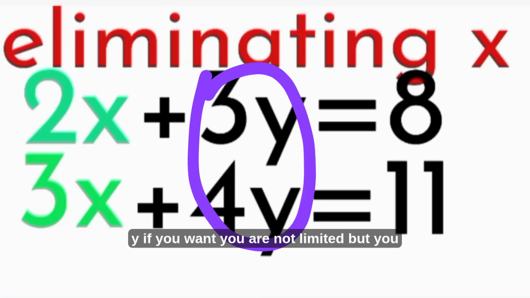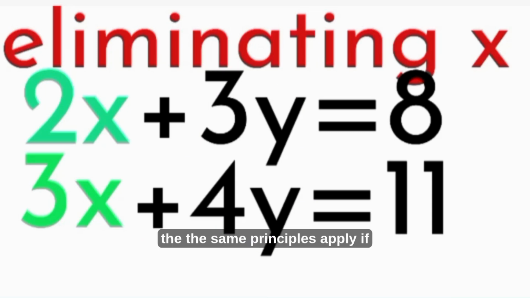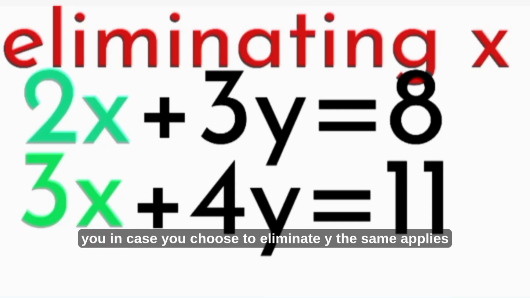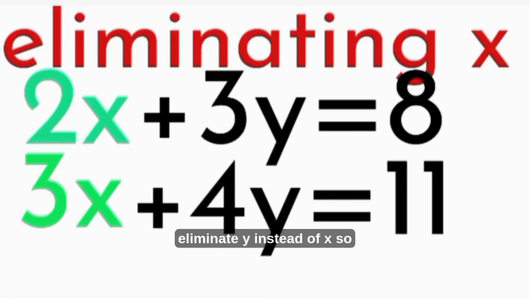You are not limited, but the same principles apply. In case you choose to eliminate y, the same applies. So there's no difference for those of you who would want to eliminate y instead of x.